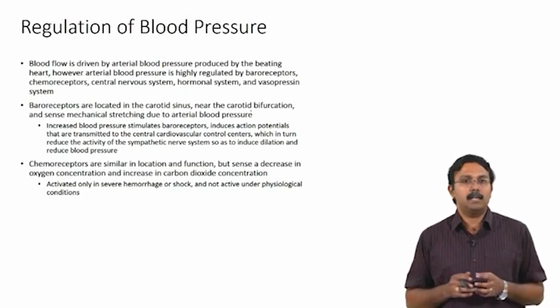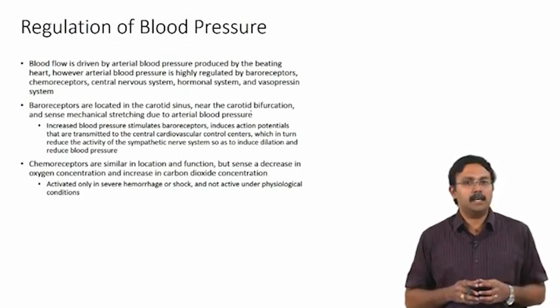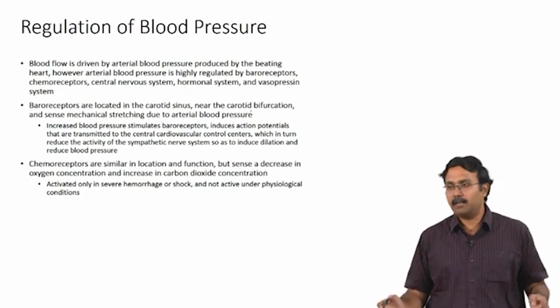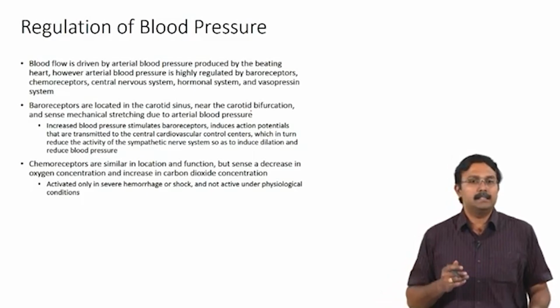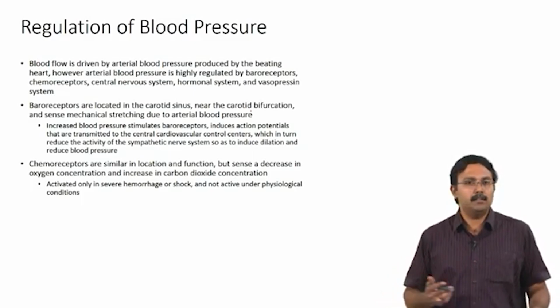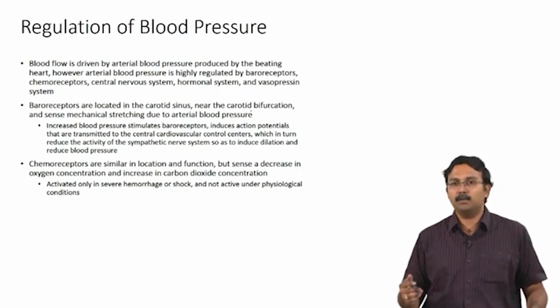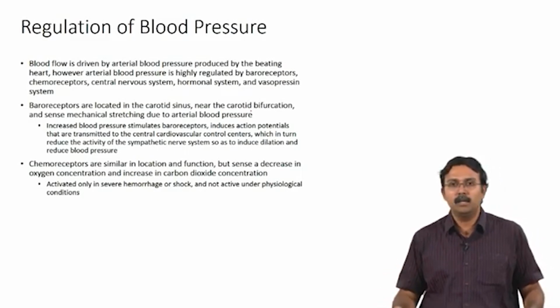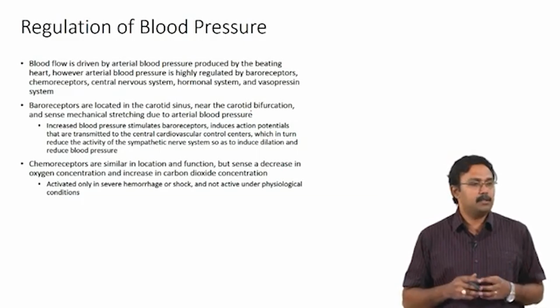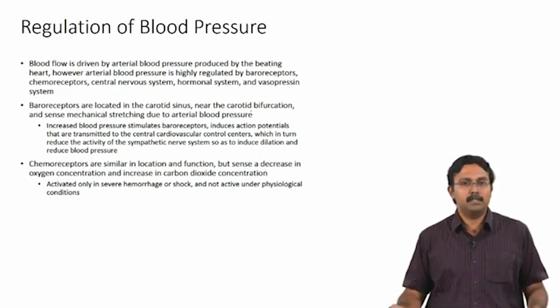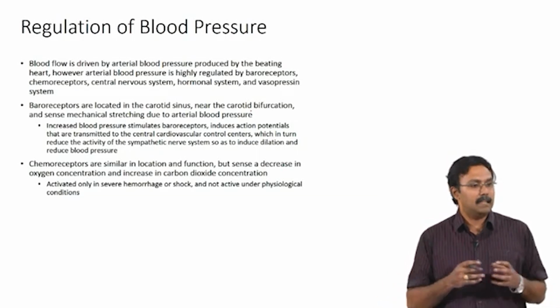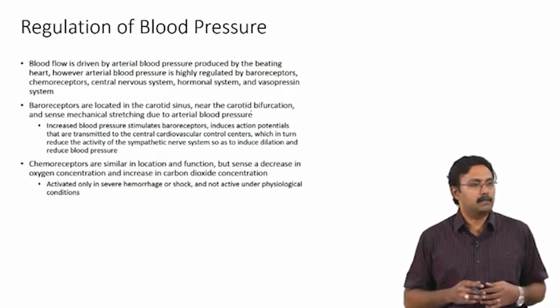So, baroreceptors are located in the carotid sinus near the carotid bifurcation, and they sense mechanical stretching due to arterial blood pressure, and increased blood pressure can stimulate baroreceptors, inducing action potentials that are transmitted to the central cardiovascular control, which will then reduce the activity of the sympathetic nervous system, so that there is dilation and reduced blood pressure.